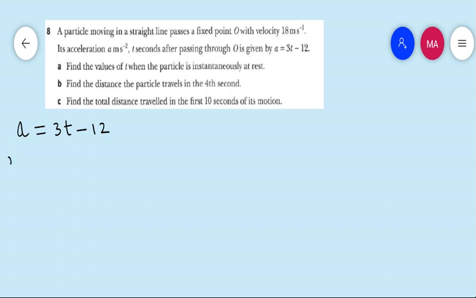Part A: find the values of t when the particle is instantaneously at rest.